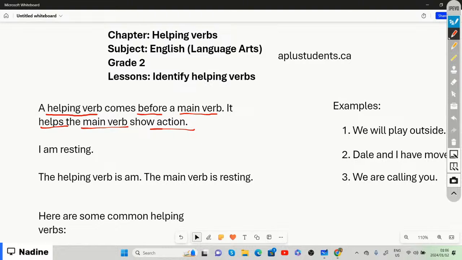And if we look at an example of a helping verb, it is: I am resting. So I basically shows the person that is doing the action. Resting is our main verb.